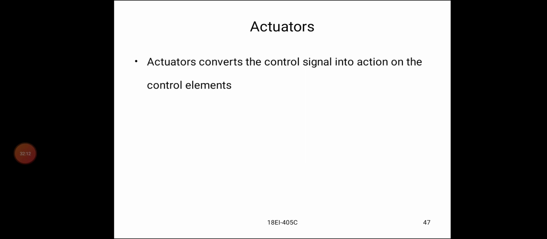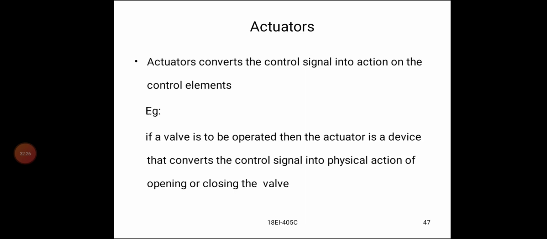An actuator is a device which converts the control signal into action on the control elements. Example: if a valve is to be operated, the actuator converts the control signal into the physical action of opening or closing the valve.